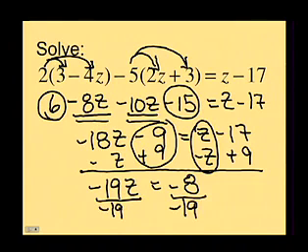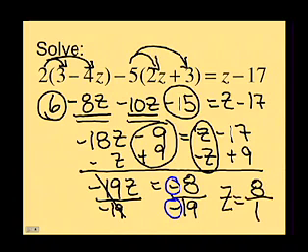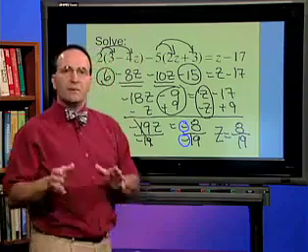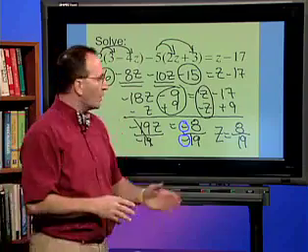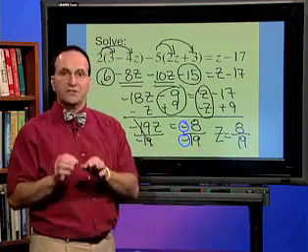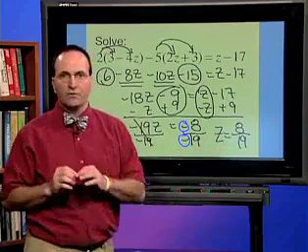And of course, these will cancel out completely to 1, and my minus signs will also cancel each other out, that is to become positive. So my answer will be z equals 8/19. And then you can see by using those different operations, we've simplified it down to z equals 8/19.